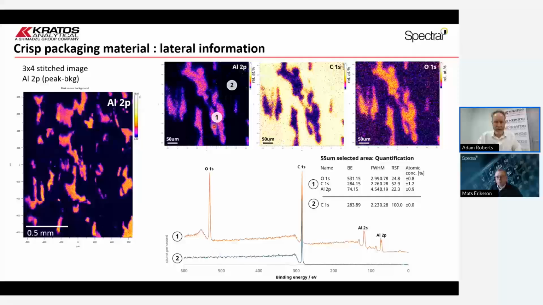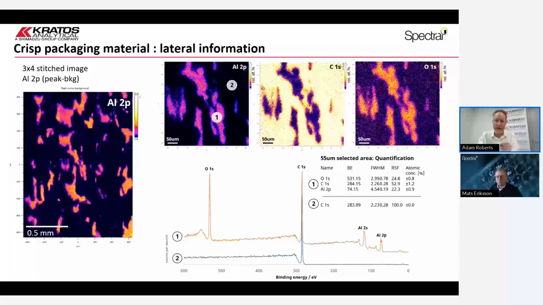And we can see that from the aluminium rich area, I am indeed seeing aluminium and oxygen, also quite a bit of carbon. But then from this area too, I'm seeing only the carbon. So we're getting quantitative, laterally resolved XPS images. But I still haven't fully characterized that material.